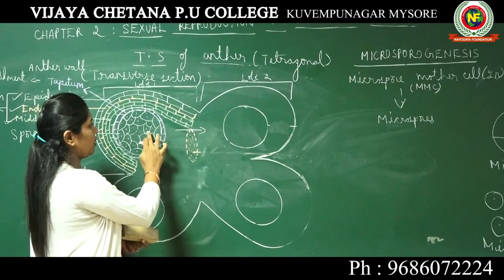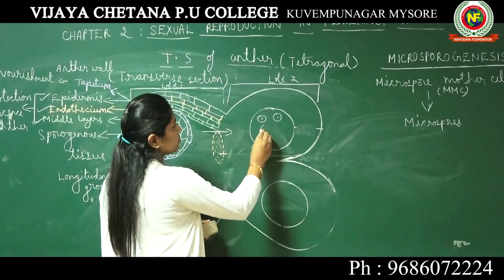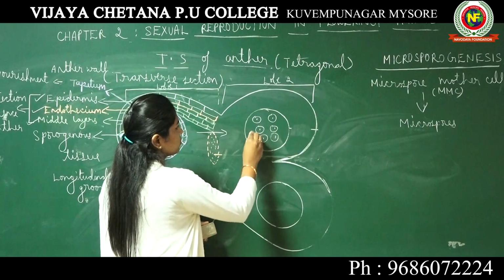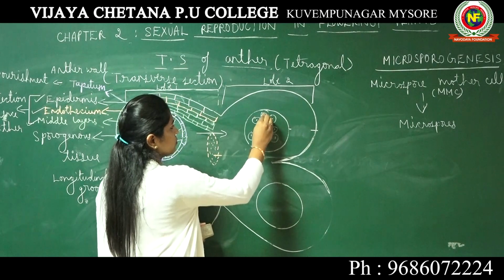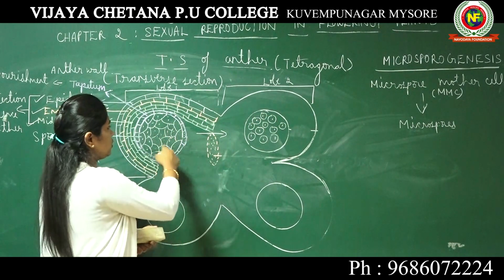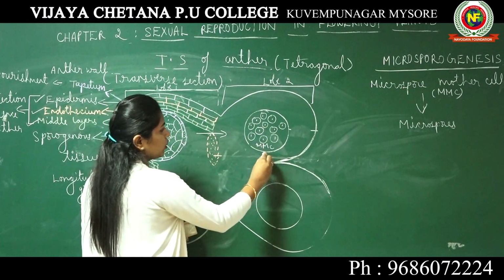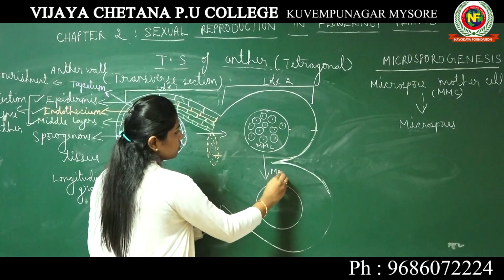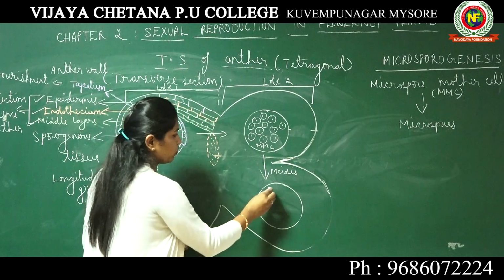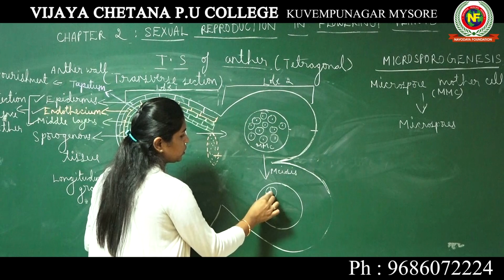Every cell acts as a microspore mother cell. I am representing this sporogenous tissue, individual MMC here. They undergo meiosis and produce 4 microspores which are in close association with each other.